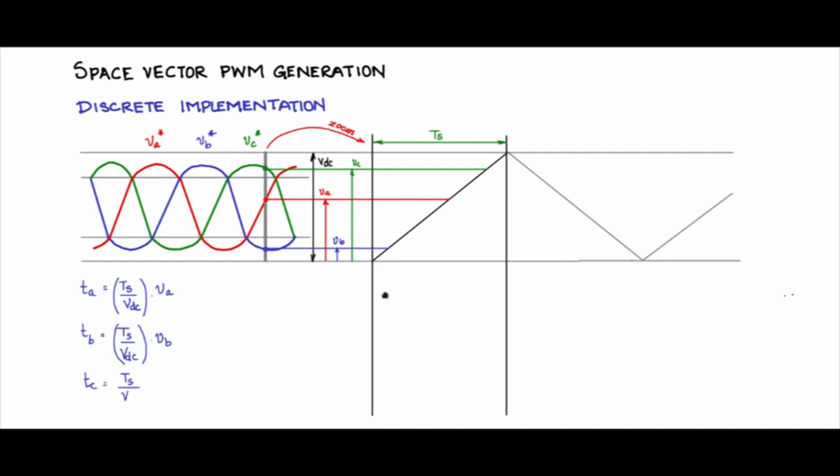Then TC is TS by VDC into VC would give a time corresponding to VC. So if you drop down that, you will see that these times are TB, TA and TC should be, but there is some small modification, I'll come to that later, but essentially the principle is that the voltage amplitudes are converted to times in the time scale by this conversion ratio TS by VDC.